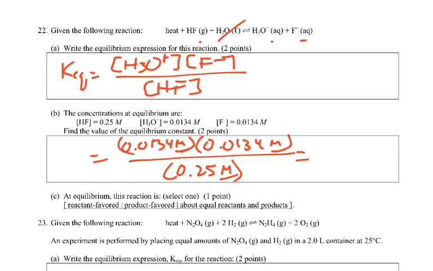For this I get 0.000718. Okay, and there were no units on that. So it's just 0.0134 times 0.0134 divided by 0.25, and I get that answer. At equilibrium, this is definitely less than 1, so this is definitely reactant favored. It's a reactant favored equilibrium.